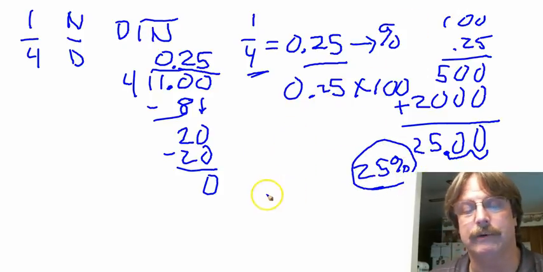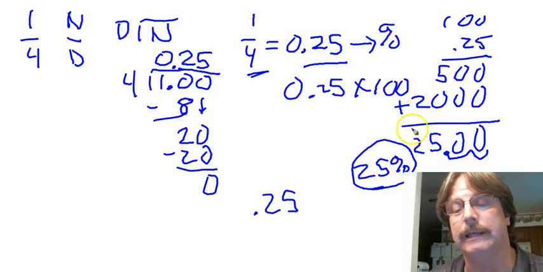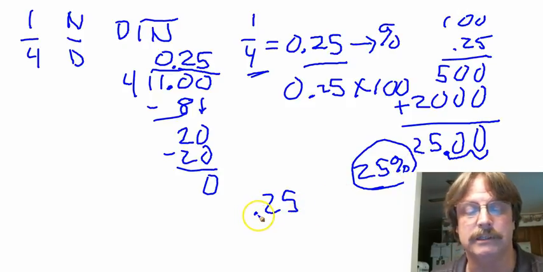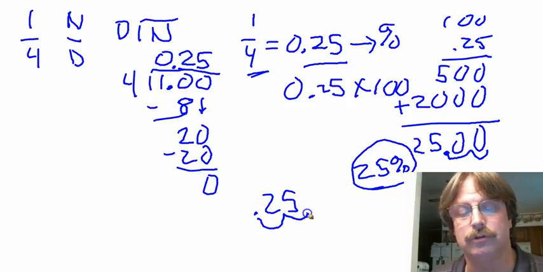Now there is a little trick that we can use with our decimals. The mathematical concept way is to always multiply by 100. Whatever your decimal is, multiply by 100 and you'll get your percent. But you can simply move your decimal 2 places to the right.